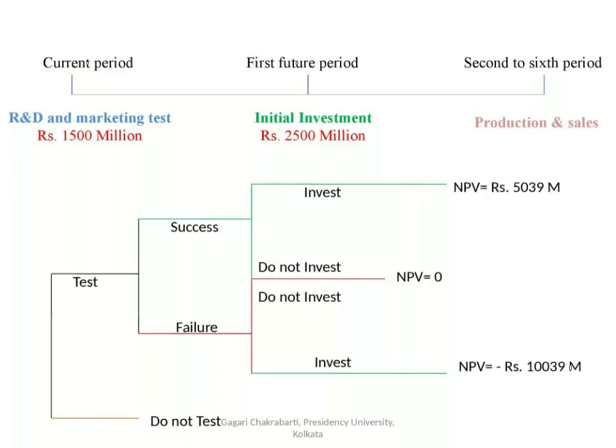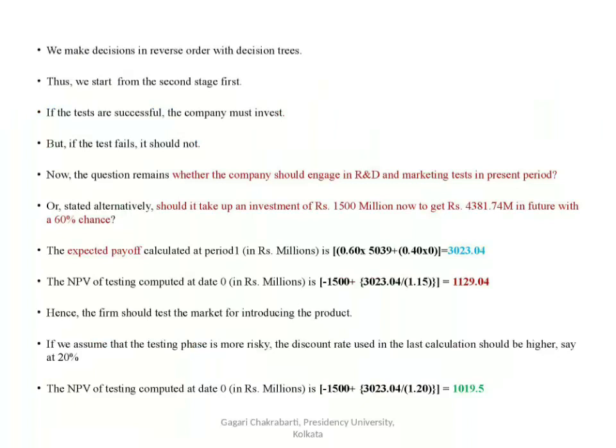So that is the decision tree, and using that we shall be trying to answer some very important questions. That is whether the firm should go for the investing and whether it should go for the initial test. Now, if the test succeeds, then the company must invest. But if the test fails, it should not.